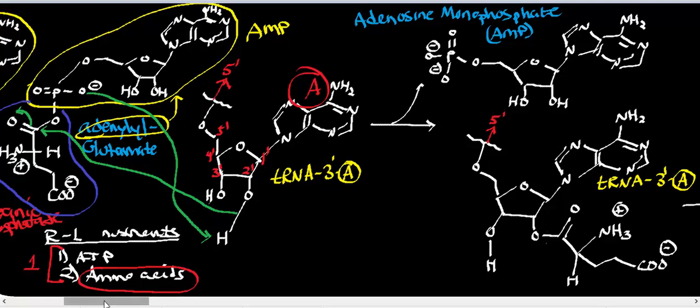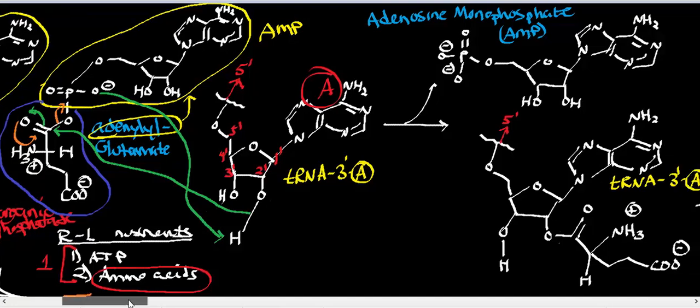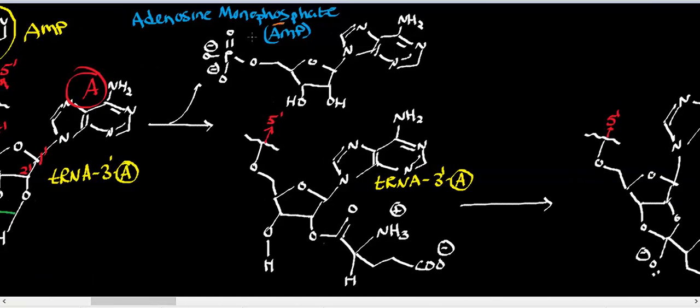Now once again, I've eliminated the structure of the tetrahedral intermediate, but you should know from organic chemistry that the tetrahedral intermediate will collapse back down to reform the carbonyl, and you'll get loss of a leaving group. In this case, the leaving group is adenosine monophosphate, and that leaving group is shown exiting right here. So this is the adenosine monophosphate leaving group.